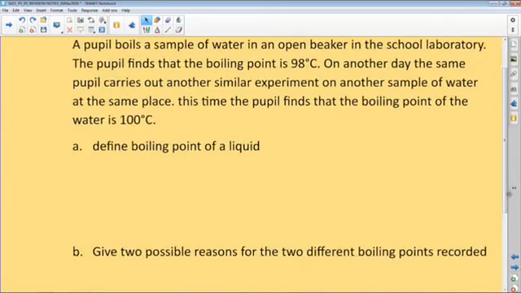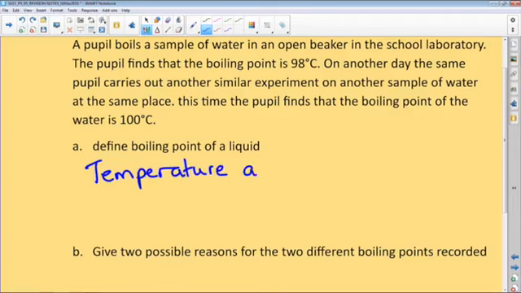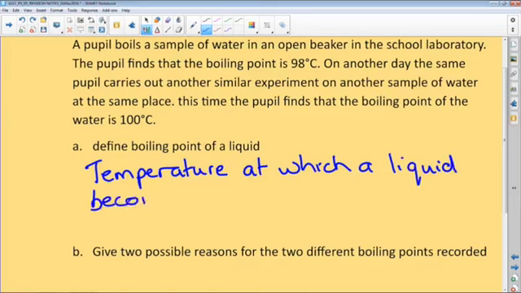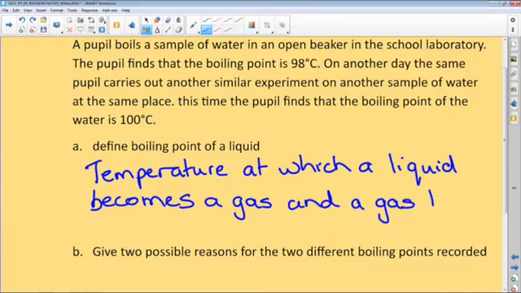What is the boiling point of a liquid? It is the temperature at which a liquid becomes a gas and a gas becomes a liquid.